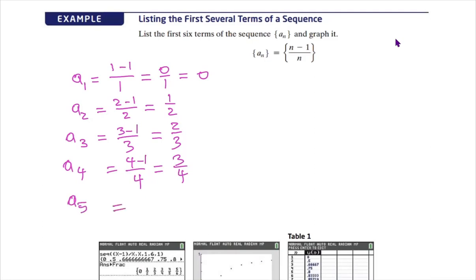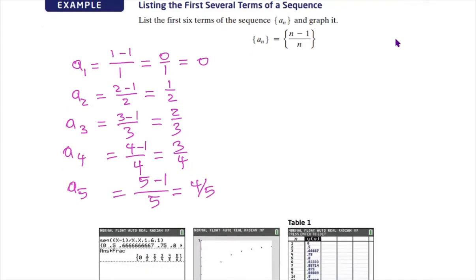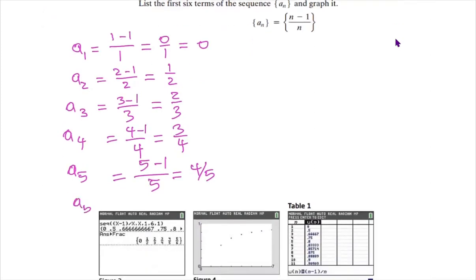a5 is 5 minus 1 over 5, so 4 over 5. And last, a6 equals 6 minus 1 over 6, so that equals 5 over 6.